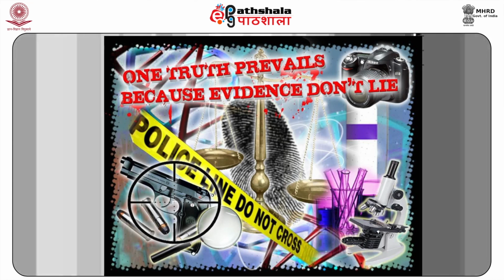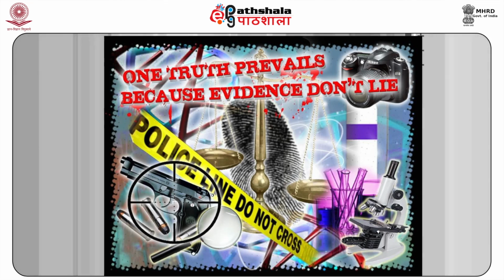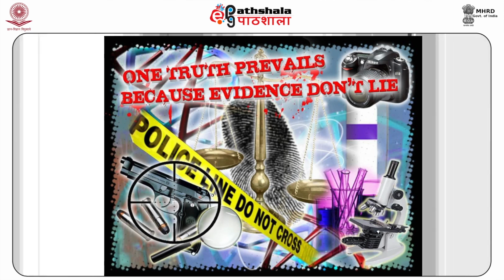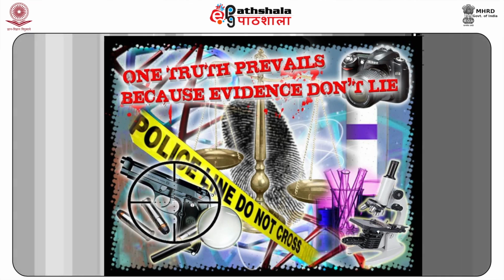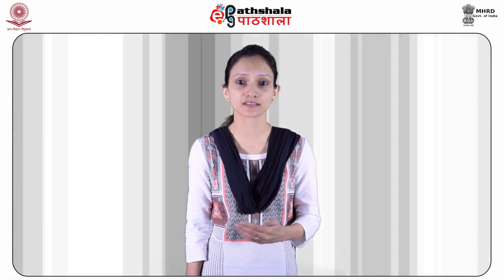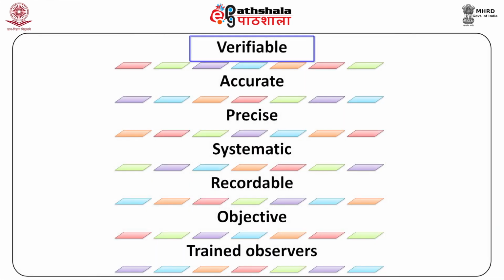Also, science is based on the hypothesis that the biases and values of an observer can be relatively controlled so that a reasonable degree of objectivity is possible. Horton and Hunt elaborated certain characteristics of scientific observation in 1984, which are as follows. Scientific observation is based upon verifiable evidence.